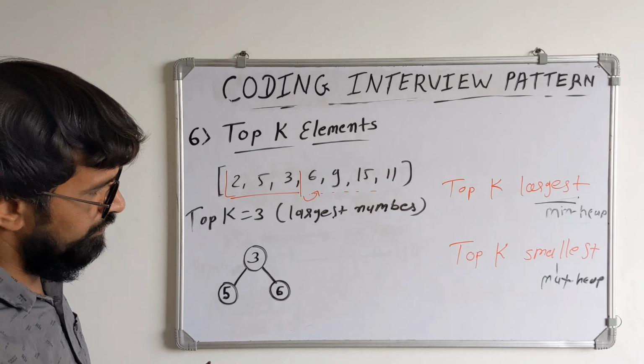So what we need to do is, we need to see if the new number is greater than the root number, then replace it with the new number, and then just rearrange the numbers.